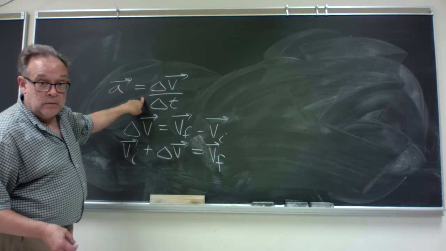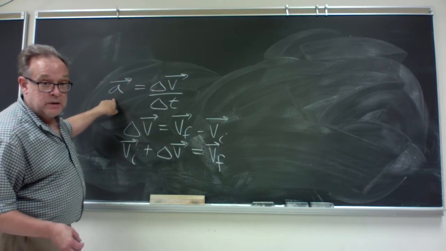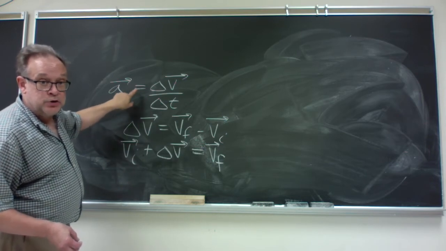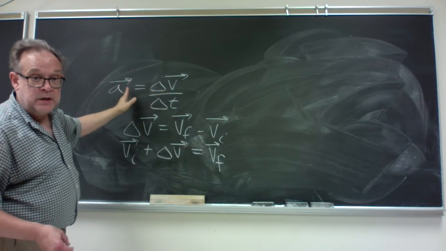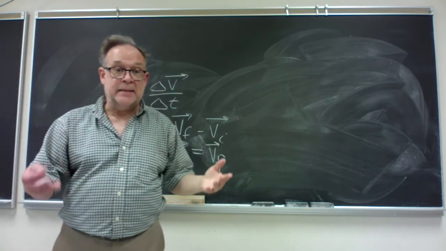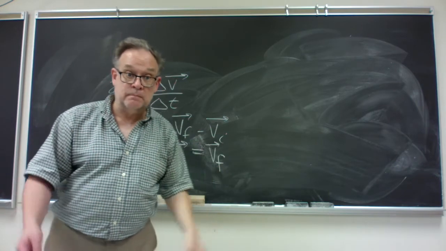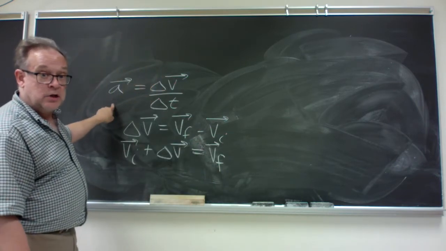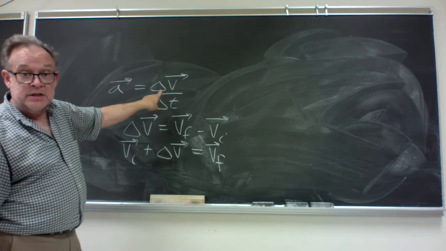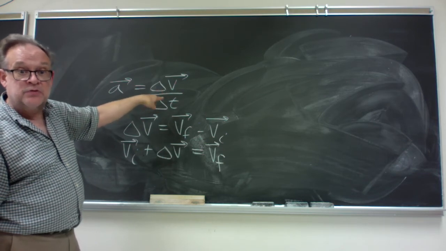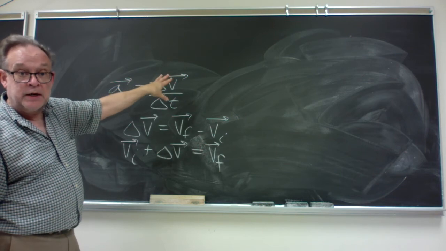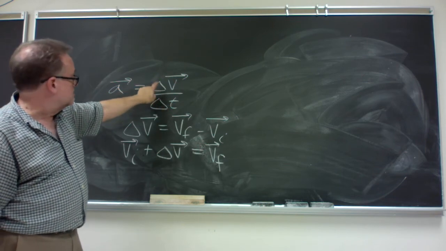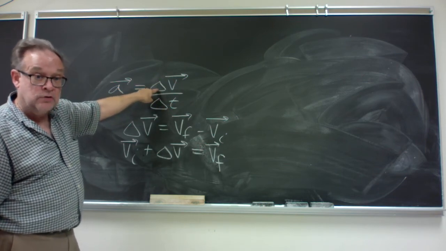Now go up here. This is a vector. The only thing a vector can be equal to is another vector. And for two vectors to be equal, they have to have the same size and they have to have the same direction. So the direction of the acceleration vector is the same as the direction of this vector. And of course, the piece here on the right-hand side that has direction is change in velocity.